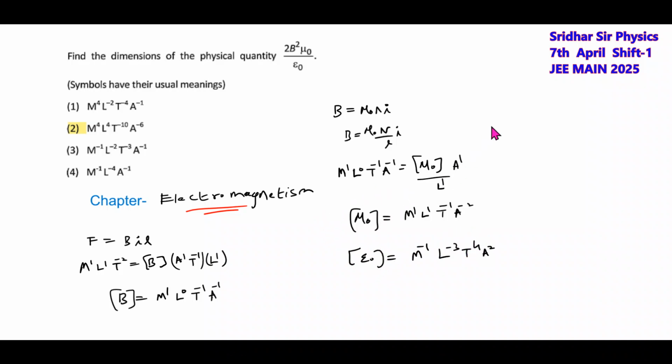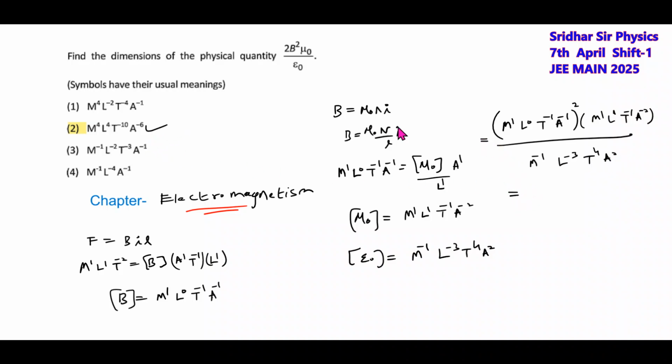Now everything will be B square. The dimensions will be M1 L0 T minus 1 A minus 1 whole square. Mu naught will be M1 L1 T minus 1 A minus 2, by epsilon naught, M minus 1 L minus 3 T to the power of 4 A square.